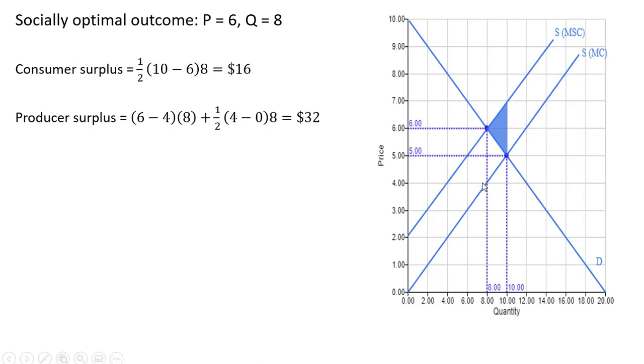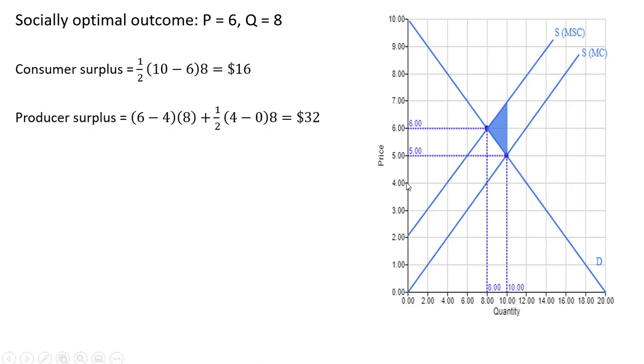So you'll notice here I'm outlining with my mouse one area of producer surplus. It's a rectangle, and that's what these dimensions are representing. So the width of this rectangle is 6 minus 4, and the length of this rectangle is 8 minus 0, or 8. So that is part of producer surplus, this rectangle.